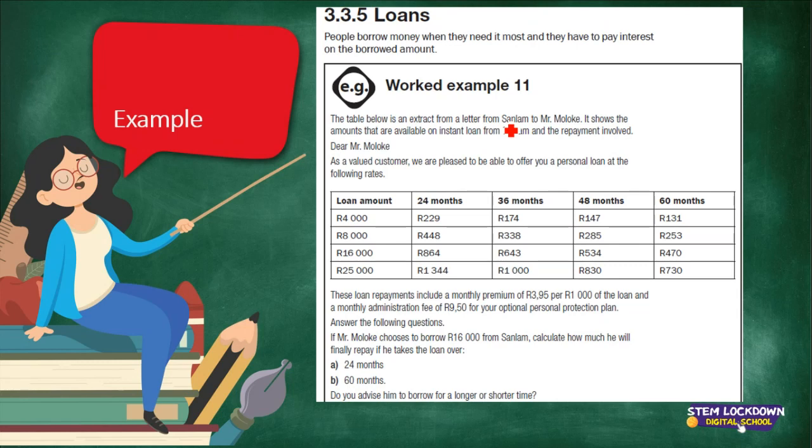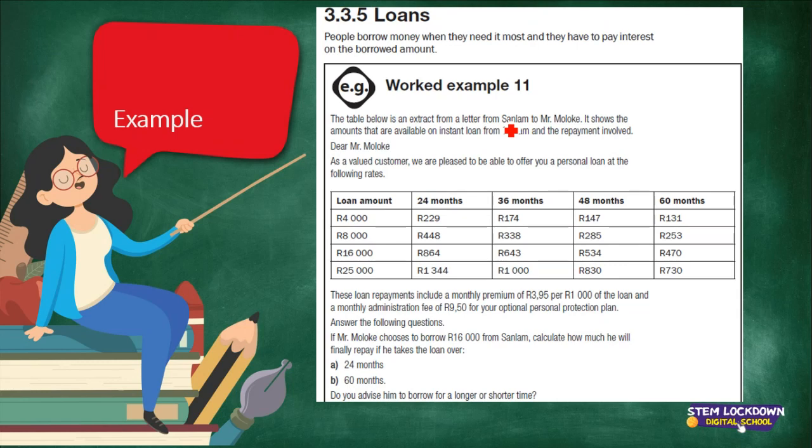Okay. So far, so easy, right? So how much interest did Sanlam make from him? Obviously, subtract those two values. 20,736 subtract 16,000. So the answer was 4,736.